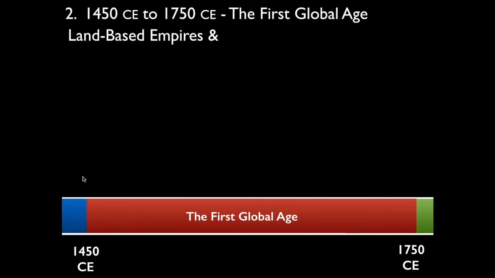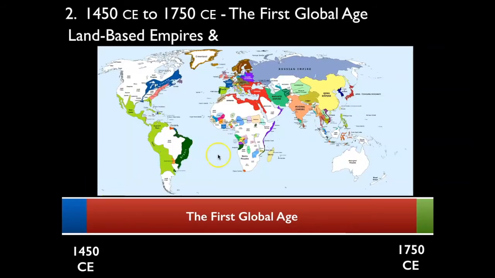But this is also called the First Global Age, and not only were there land-based empires across Asia, but there were also maritime empires starting to form, or ocean-based empires, many of which were founded by the major European powers at the time, starting with the Portuguese and the Spanish, and then later the British, the French, the Dutch.